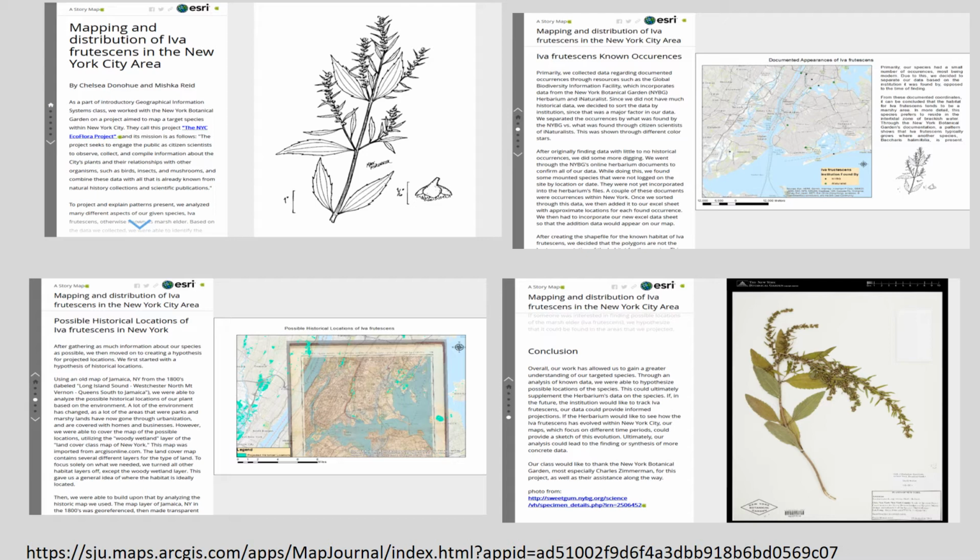So that was the kind of research they were doing, and you can see here from the different formats that they also used different kinds of mapping tools, but that they also went to the herbaria at the New York Botanical Gardens and found specimens that matched the plants that they were looking at, or old drawings of them as well.